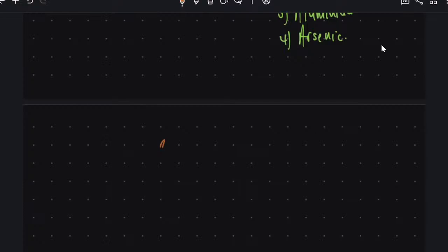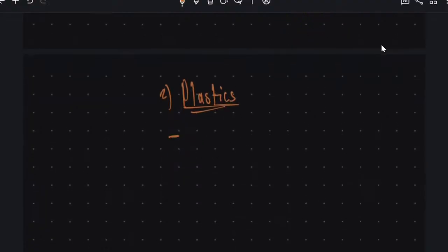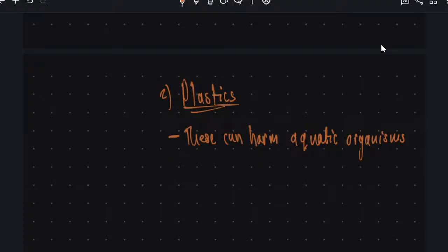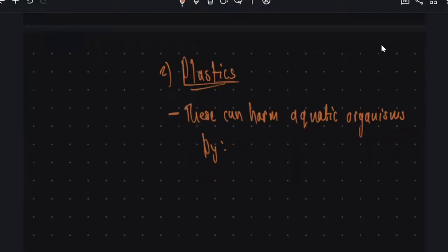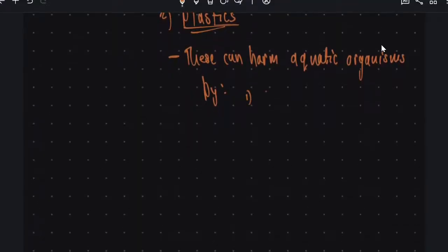Two, plastics. These can harm aquatic organisms. Plastics can be found in water and they can harm aquatic organisms by one, entangling animals.